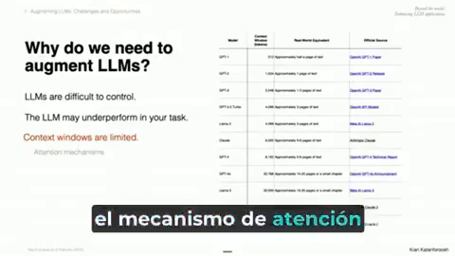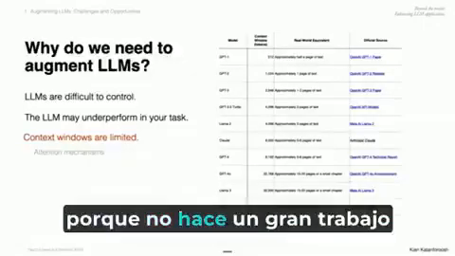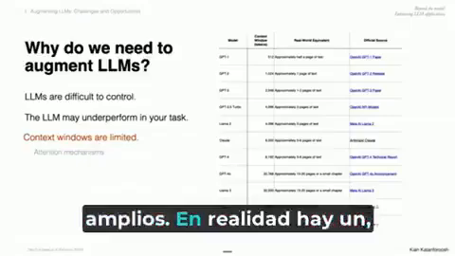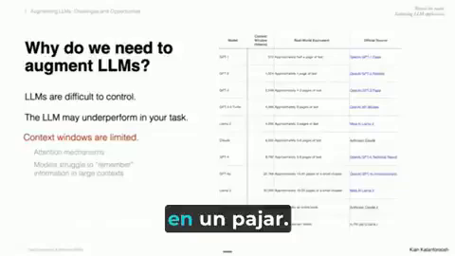The attention mechanism is also powerful but problematic because it does not do a great job at attending in very large contexts. There is actually an interesting problem called needle in a haystack.